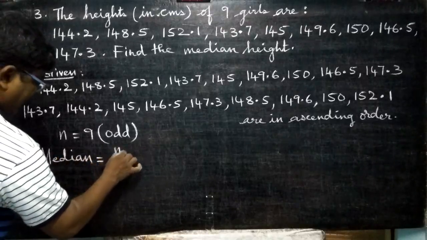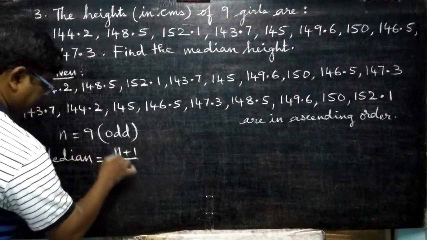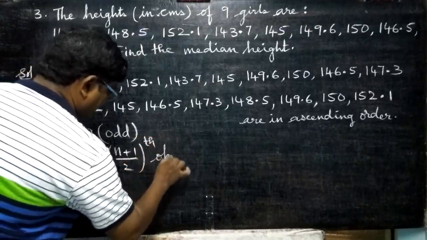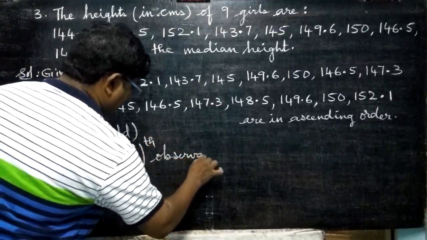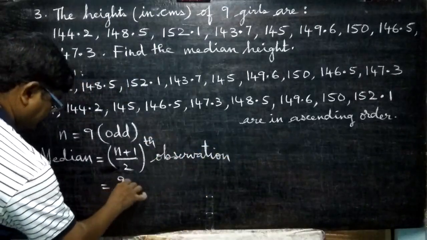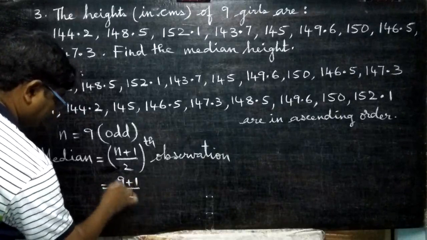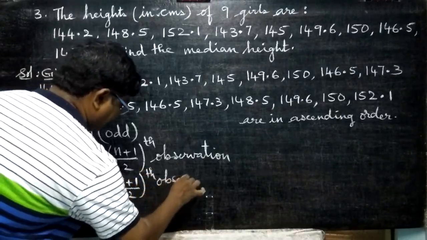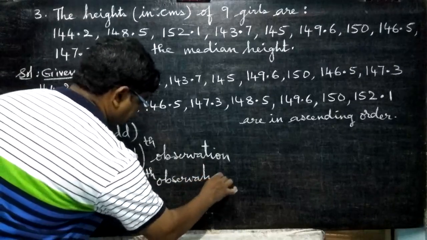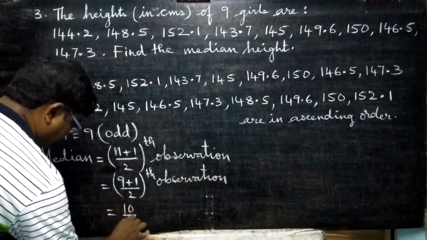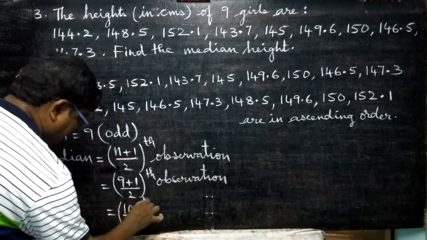Median is equal to n plus 1 by 2 th observation. 9 plus 1 by 2 th observation. 9 plus 1 how much? 10. 10 by 2 th observation.